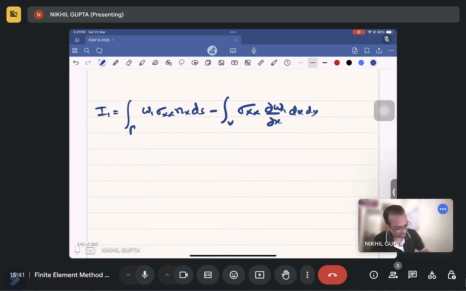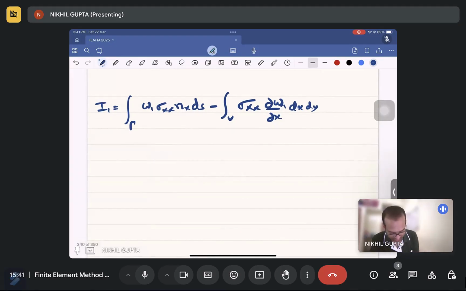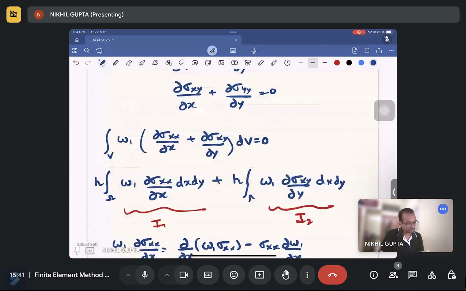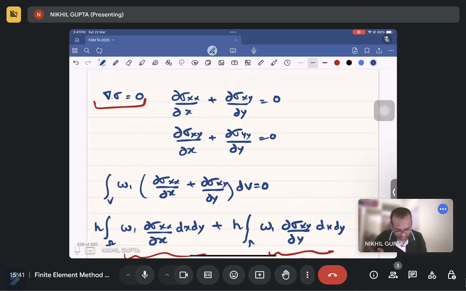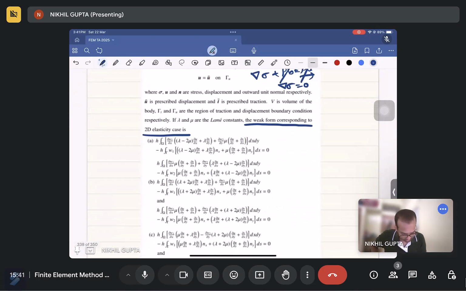Okay, so this is the first, and similarly if you solve I2, the same result you will get. Means this is the I2. You will include sigma xy as well, I think the answer is given like this only.